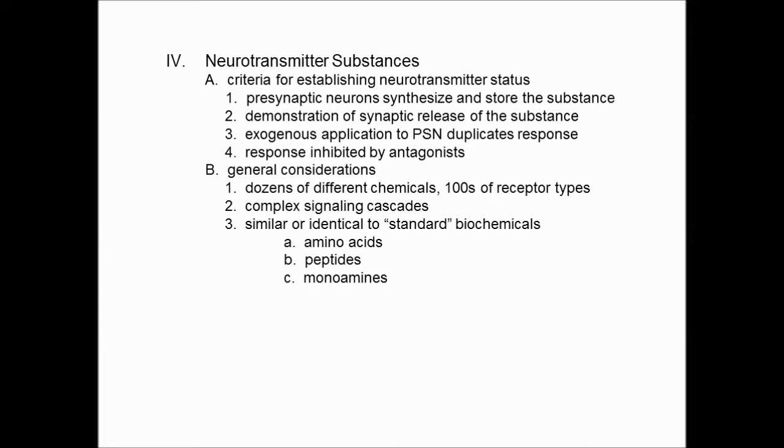They must have the ability to release this chemical in response to some stimulation. What's done very often is the exogenous administration, taking that particular chemical and giving it to either an in vitro system or even an in situ system and see if the response occurs. And so you see if you can apply that substance and duplicate the response.